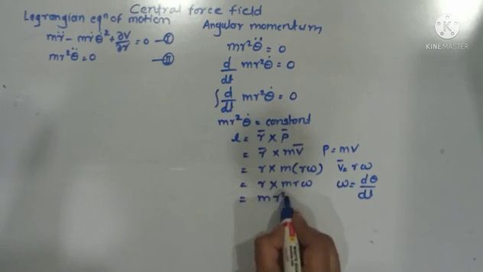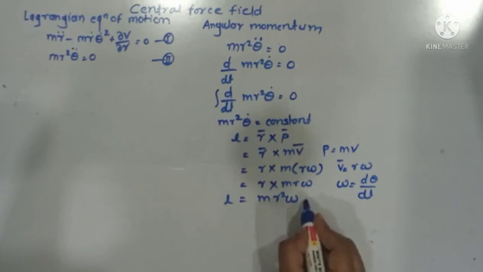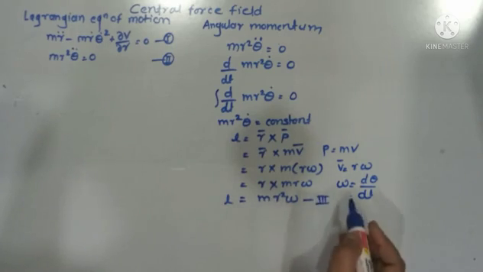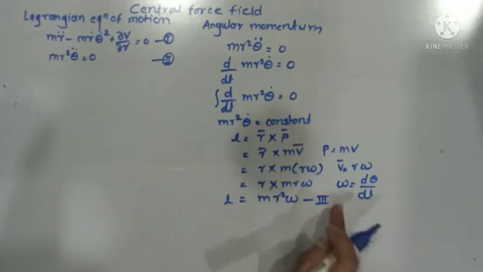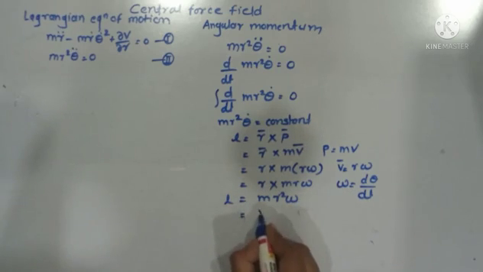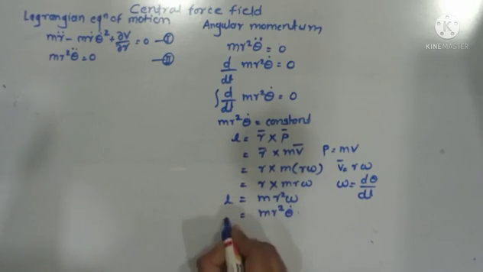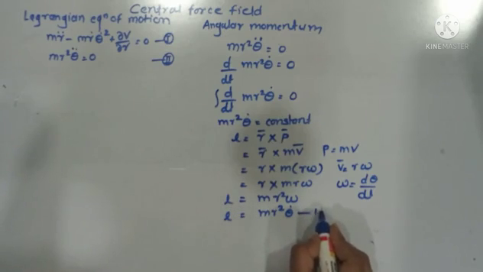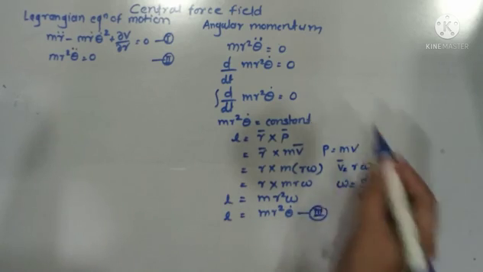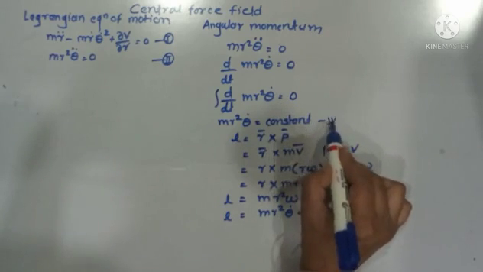So m r square omega, which is L, and from these two equations I will call this as equation 3, and I will put the value of this m r square theta dot is equal to L. So by these two equations I will call this as 3 and this as 4.